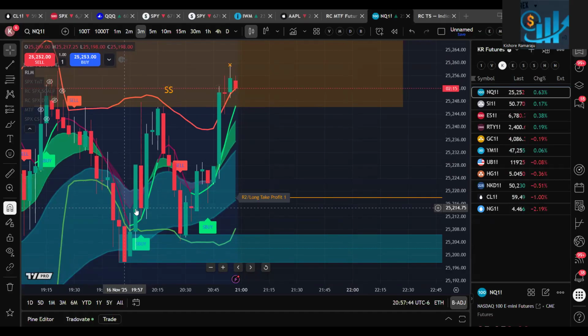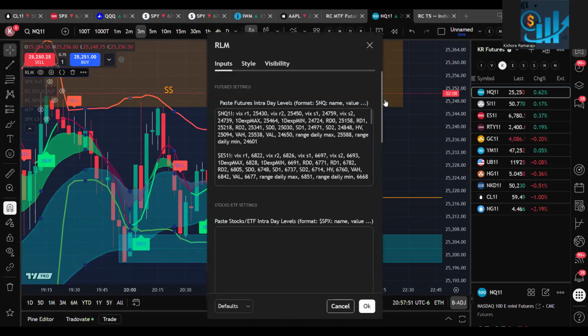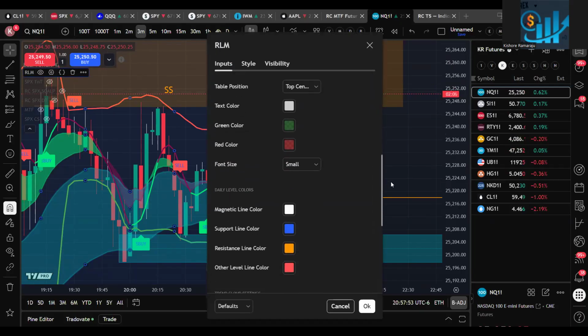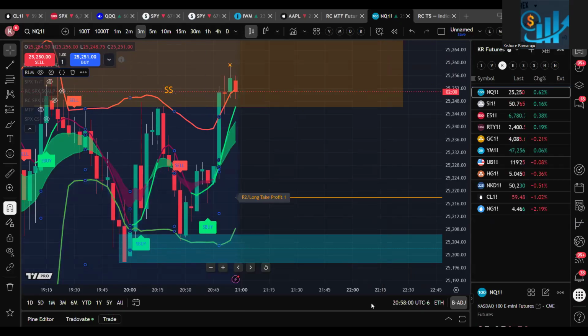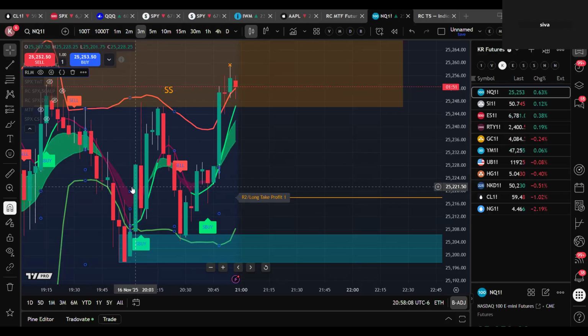Whenever price breaks, what is the size of this cloud? Let me hide the short-term cloud. The red candle you took, the next candle, went above this cloud.